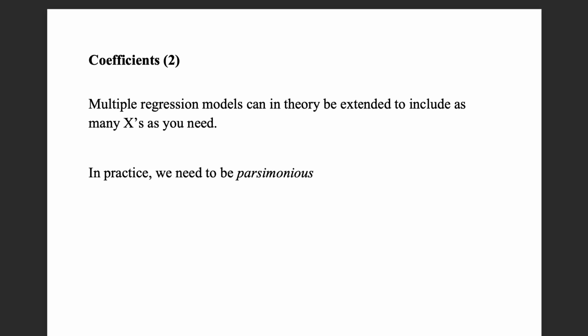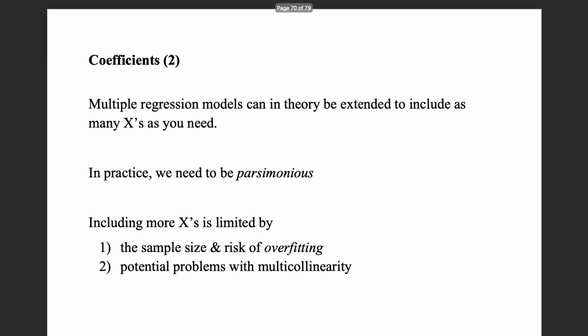And for good reason, because making your models more complicated than they need to be can be a bit dangerous. So basically, roughly speaking, there are two things we need to take into account. One is that we really have to think about our sample size and be aware of the risk of overfitting our data.